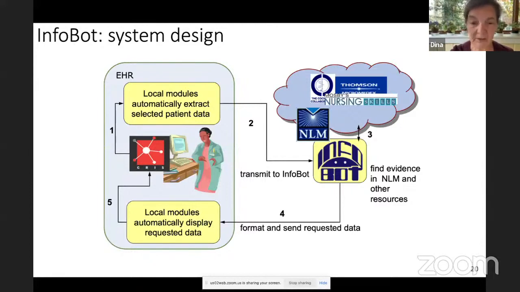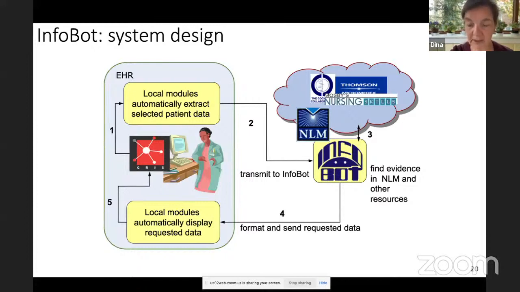Our condition on the NLM side was that the information would already be de-identified. We will not know who the patient is or anything else that can identify the patient. And then we also got from the interdisciplinary team the resources that they wanted transmitted back to them. And this is what we did.